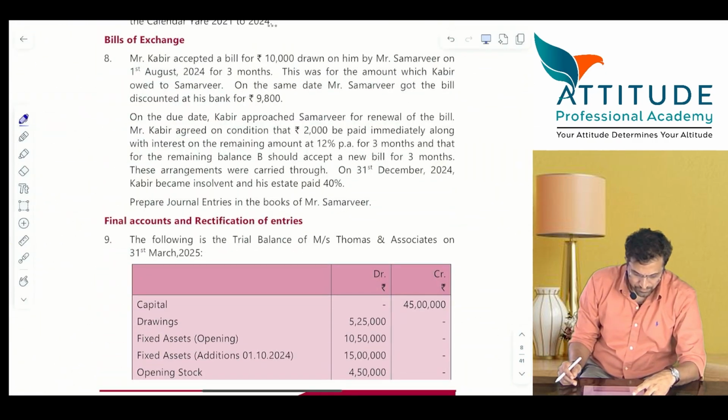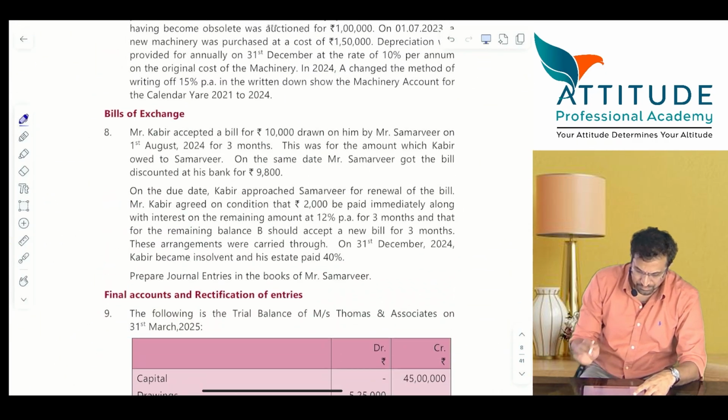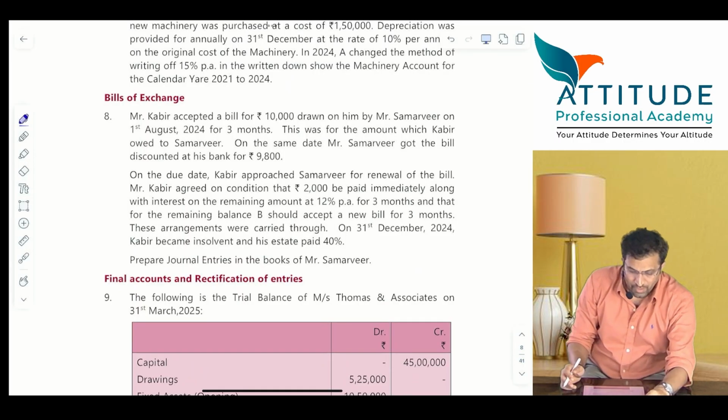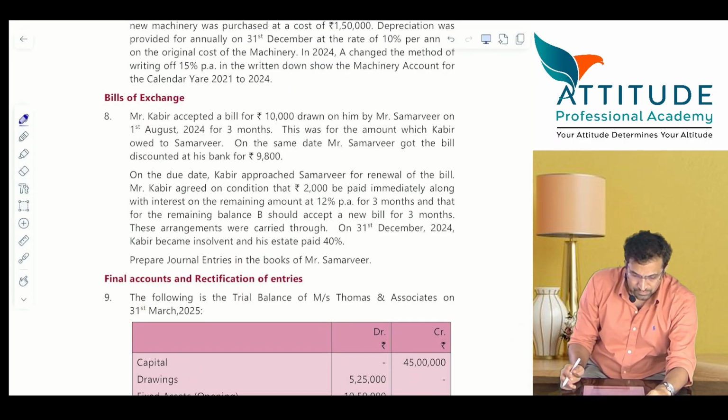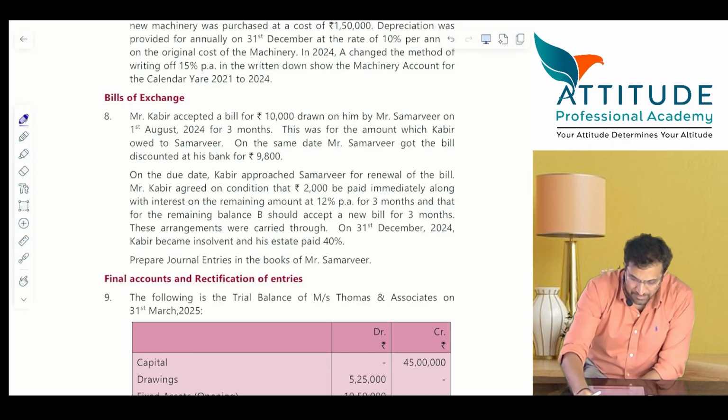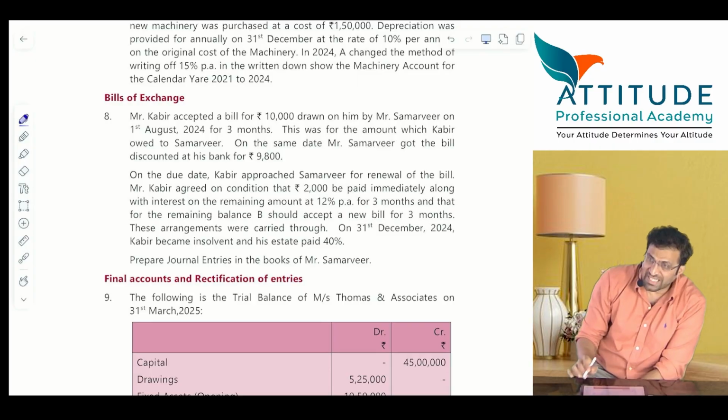Question number 8, bills of exchange. Guys, please tell me bills of exchange. Have a look at it.